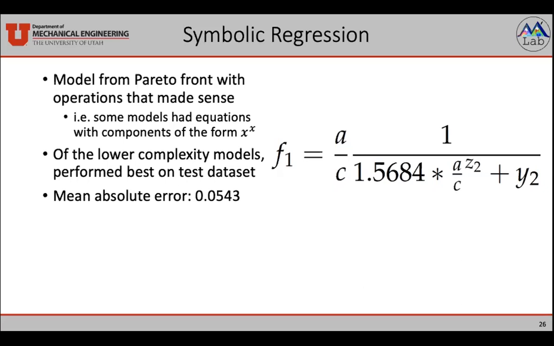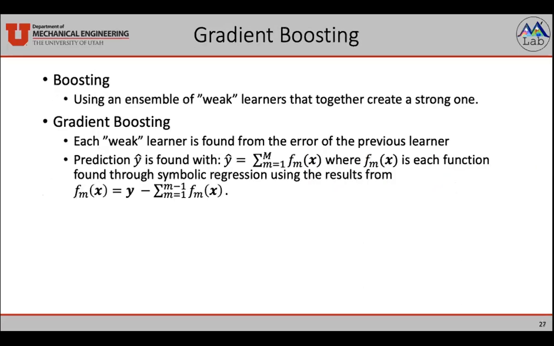And one method that we saw that might help with that problem is gradient boosting. Boosting in machine learning is using an ensemble of weaker machine learning models to create a stronger one that works better when they all work together.